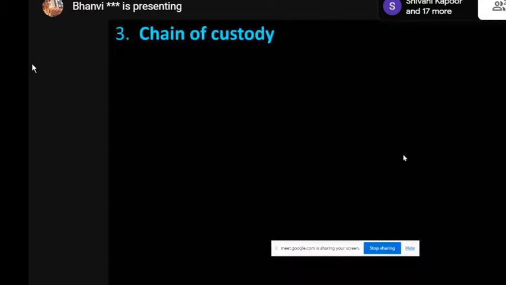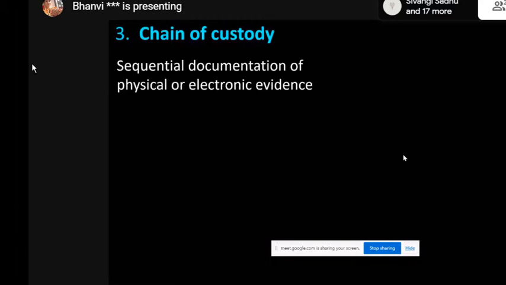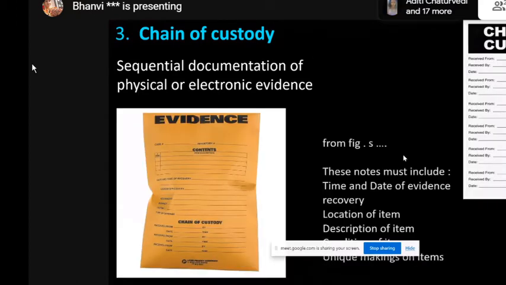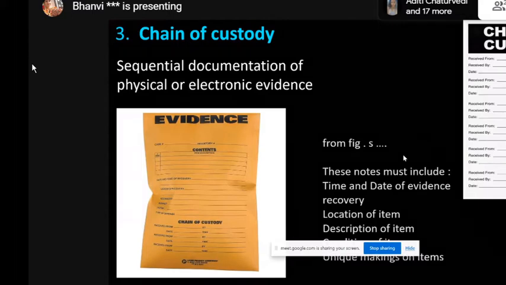Next is chain of custody, the sequential documentation of physical or electronic evidence. Chain of custody is required for it to be legally considered as evidence in court. The procedure of establishing chain of custody begins at the crime scene.